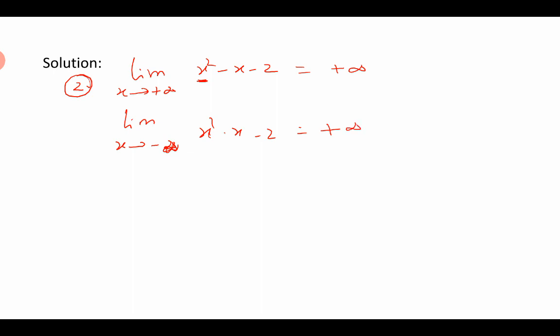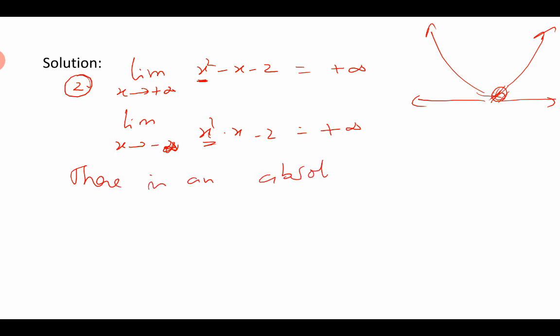So at both ends, whether x goes to negative infinity or positive infinity, the function is approaching positive infinity. So there should be an absolute minimum at the critical point.